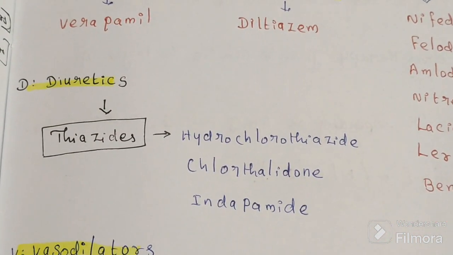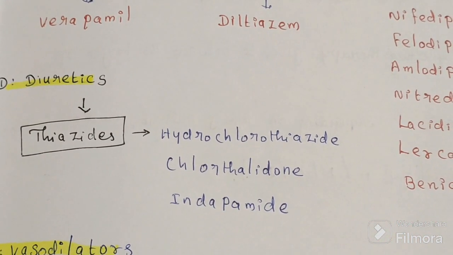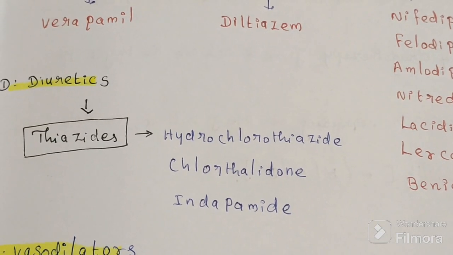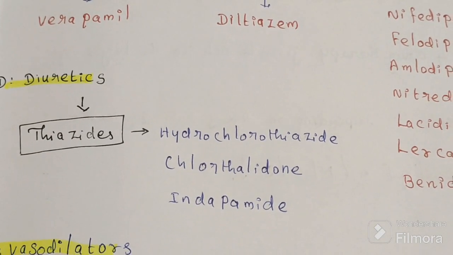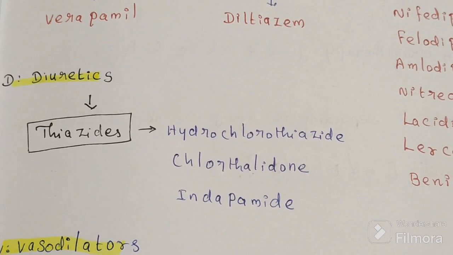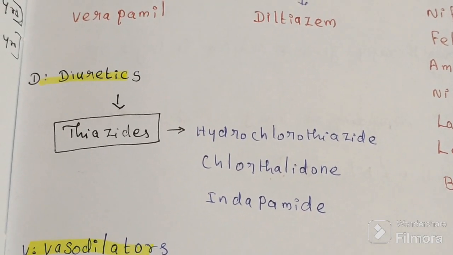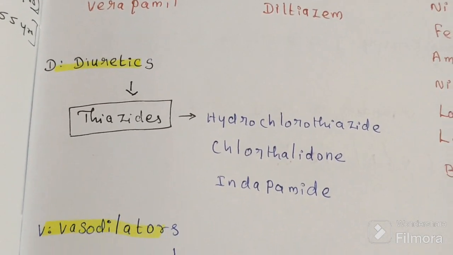Then diuretics, thiazide: hydrochlorothiazide, chlorthalidone, then indapamide. These are the drugs that come under the thiazide category.